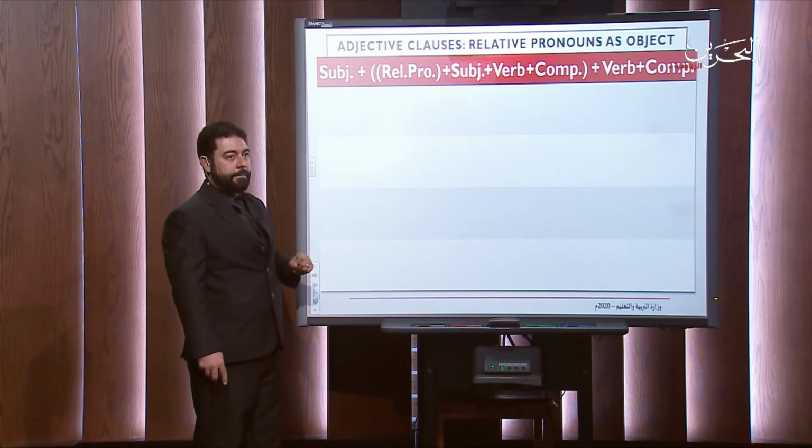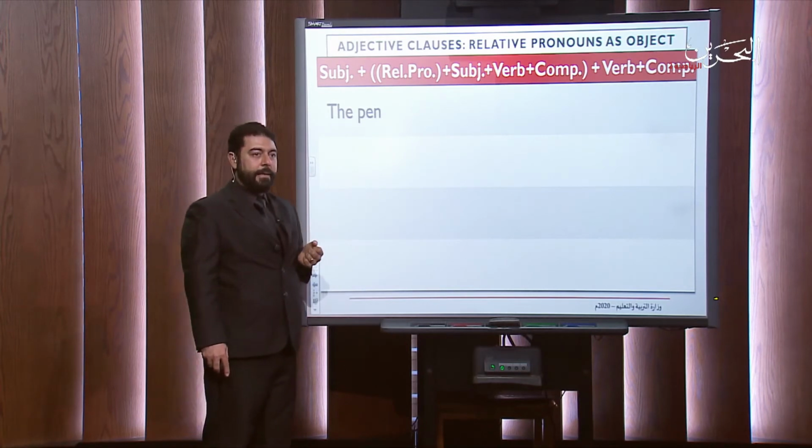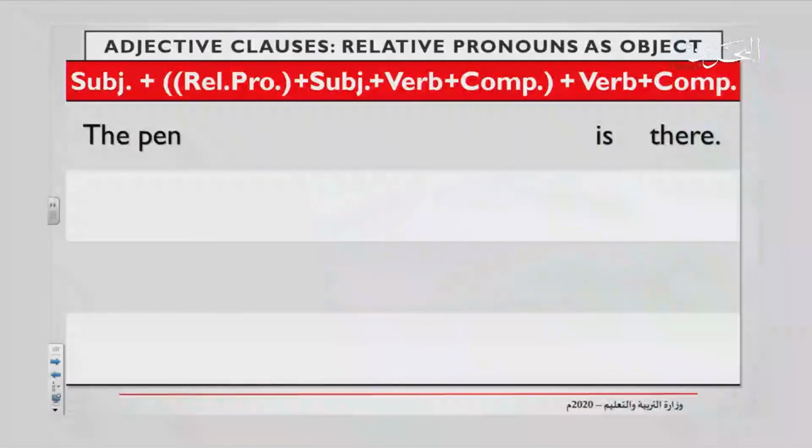Okay, let's check. Subject is like a pen, the pen. Verb is there, the pen is there. Now, I'm going to use an adjective clause, but this time the relative pronoun should be an object. You see, between brackets, it means it is optional.